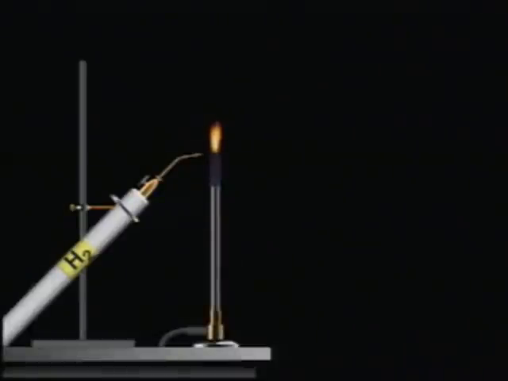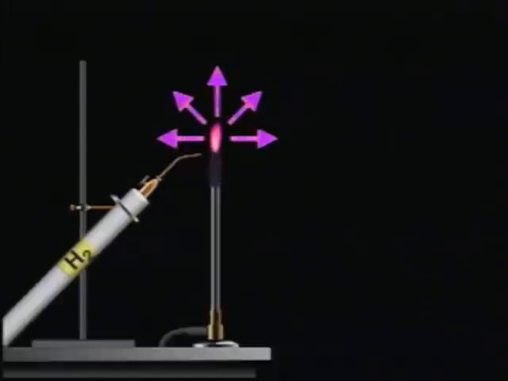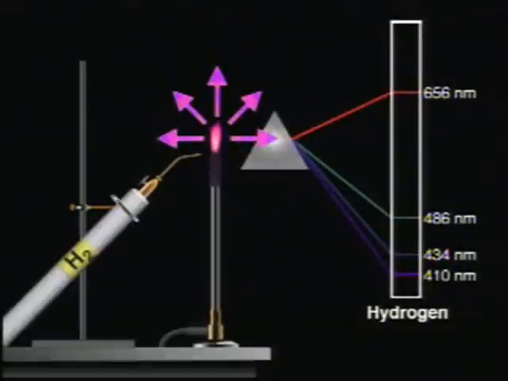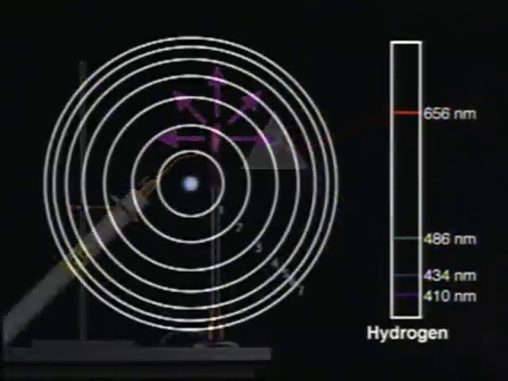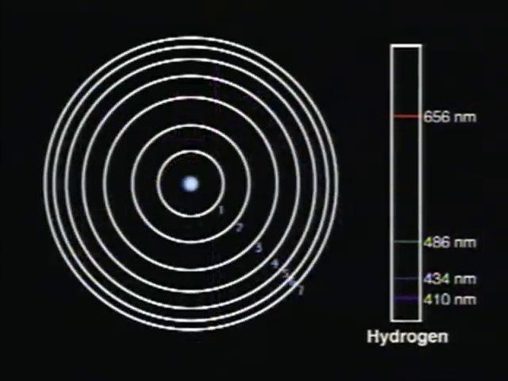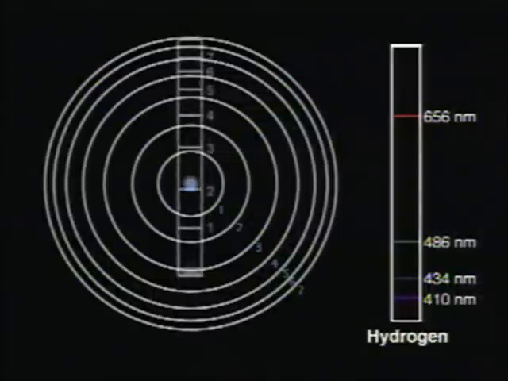If a sample of hydrogen gas is heated, it gives off light. When you view this light through a prism, you'll see an emission spectrum consisting of bright lines at specific frequencies. Because the spectral lines come at definite intervals, this suggests that specific energy levels exist in the atom. A cross-section of an atom shows the energy levels similar to the rungs of a ladder.